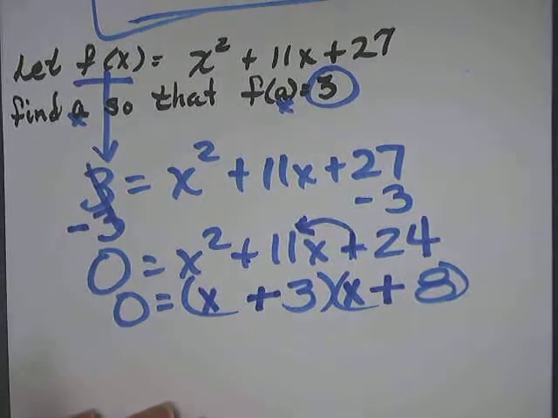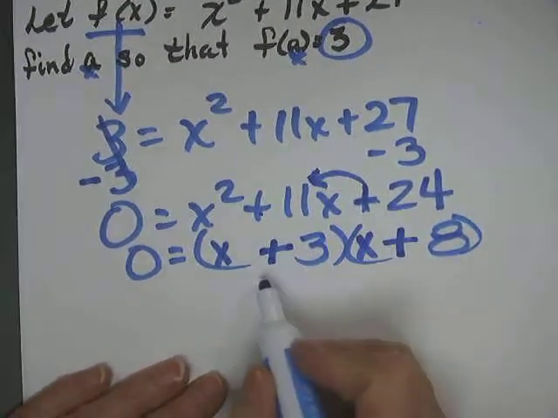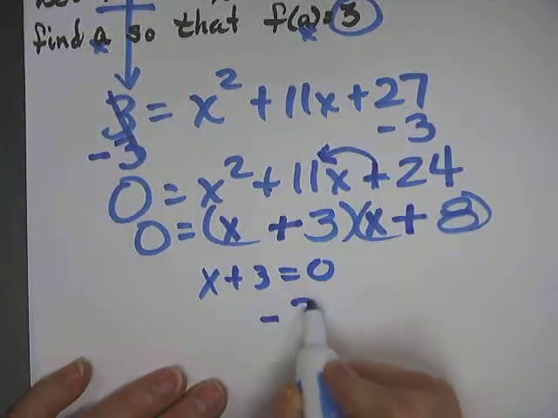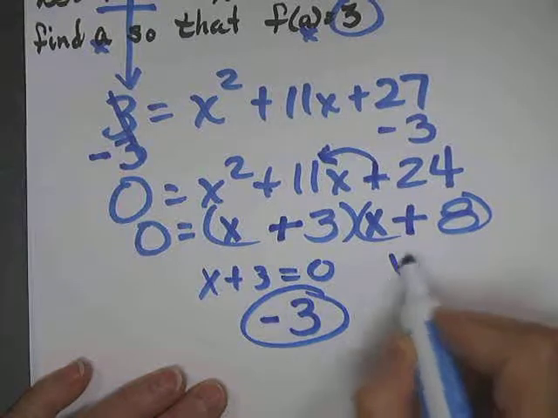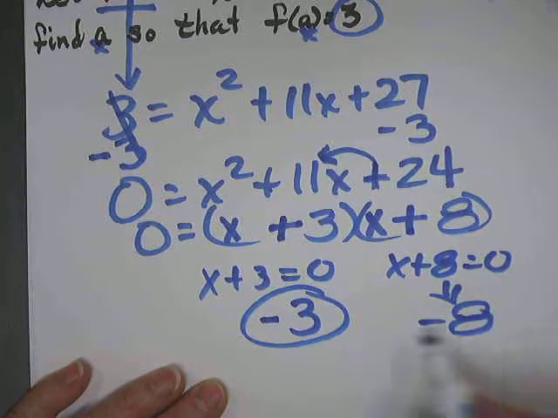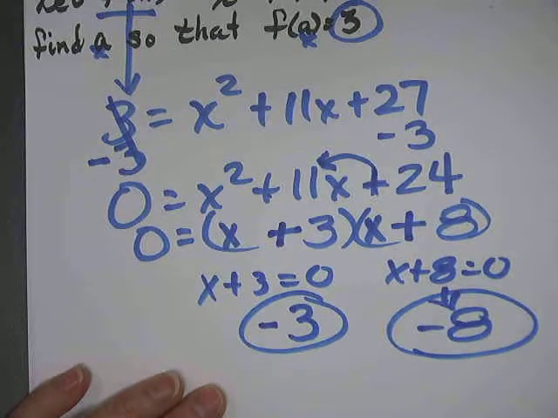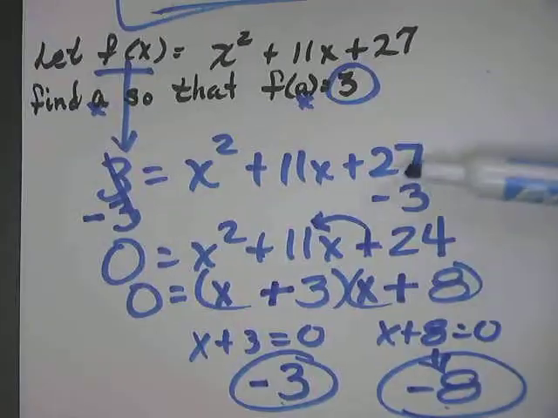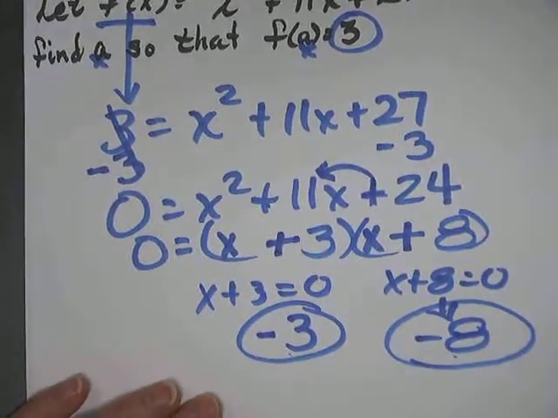Which factors of 24 add up to 11? 8, 3. Yep. And if they're added to get a positive 11, what's the signs? Positive, positive, right? Positive 3 and positive 8 add up to 11?